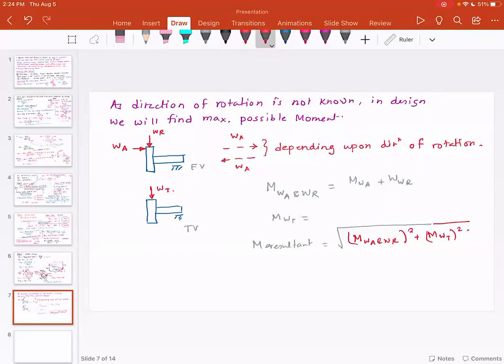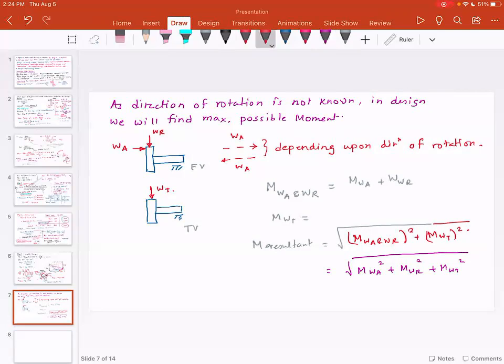Now, if you follow the textbook or some other books, sometimes they do MWA squared plus MWR squared plus MWT squared, and then take the square root. Again, that totally depends upon how you are resolving the forces.